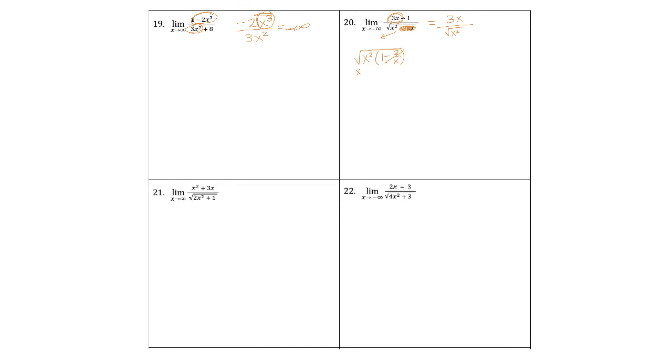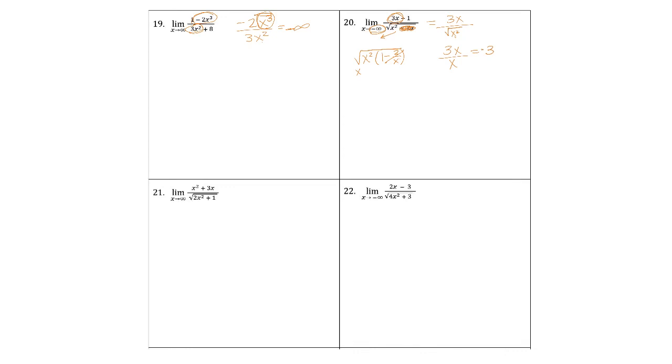So I'm just going to focus on this portion, which should reduce down to 3x over x, which is just going to give me 3. And if we look here, this is balanced. Look at which way we are tending toward. We're tending toward negative infinity. So here, that is going to be negative 3.